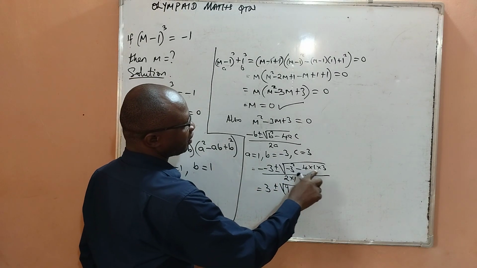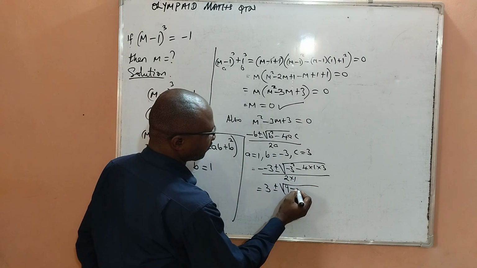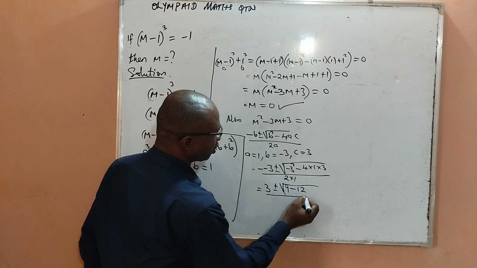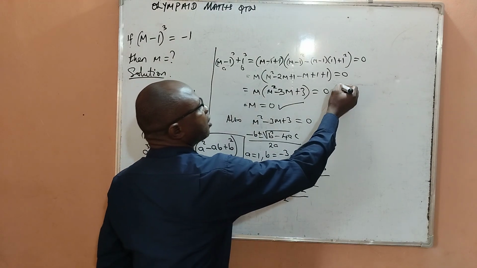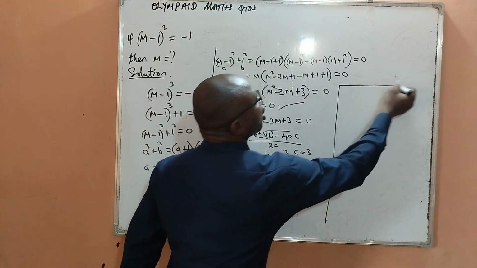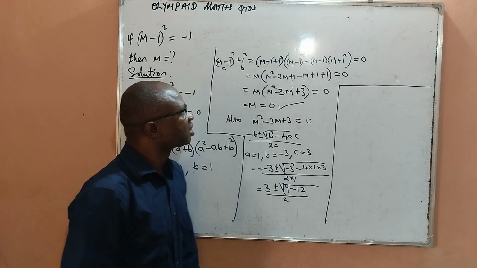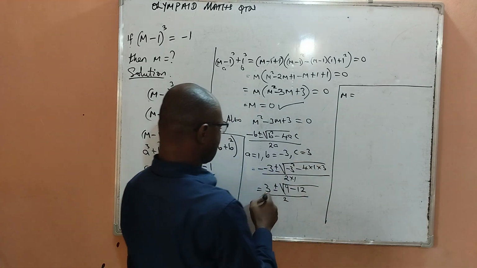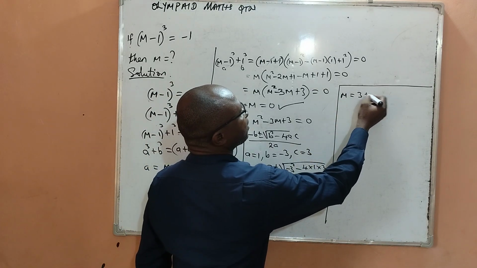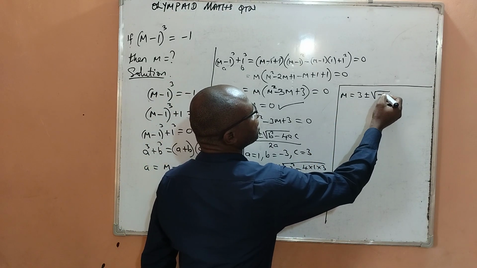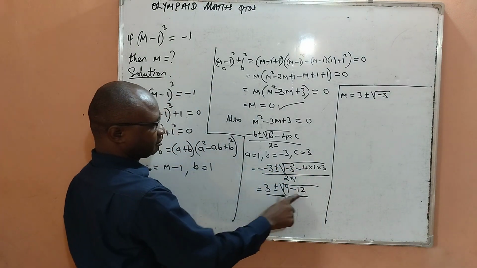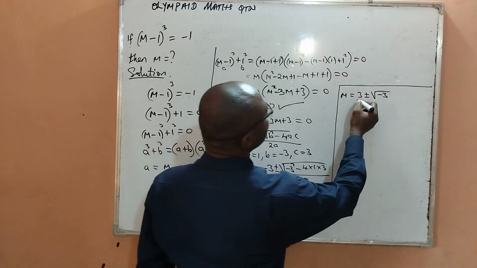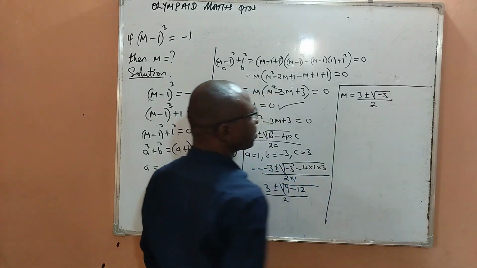Then 4 multiplied by 1 multiplied by 3 will give us negative 12, all divided by 2. It is almost done. What we do next, n is equal to 3 plus or minus the square root of 9 minus 12, all over 2.